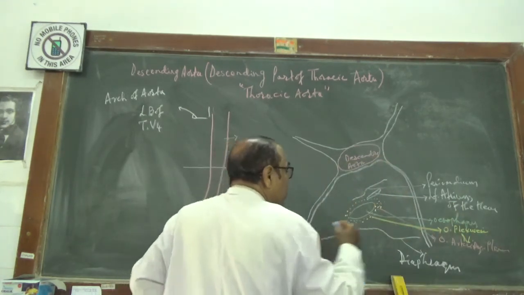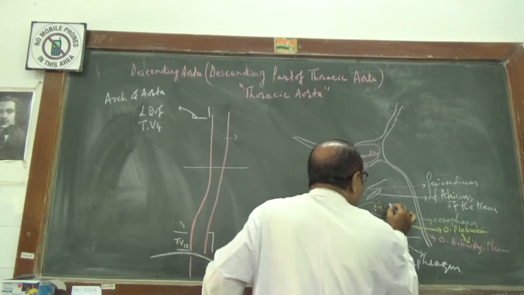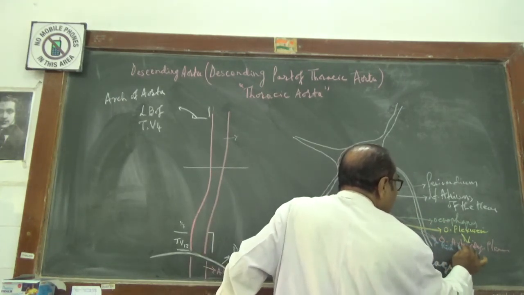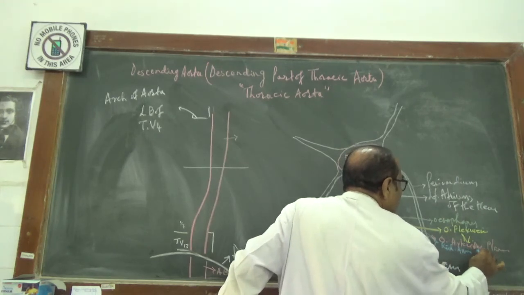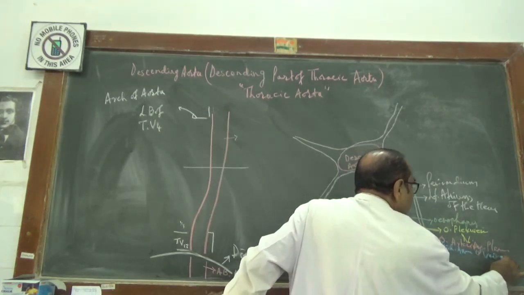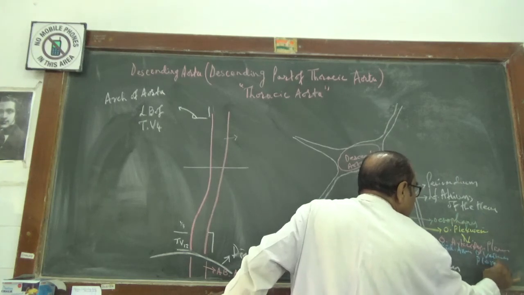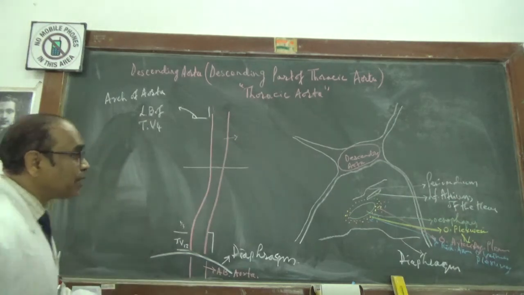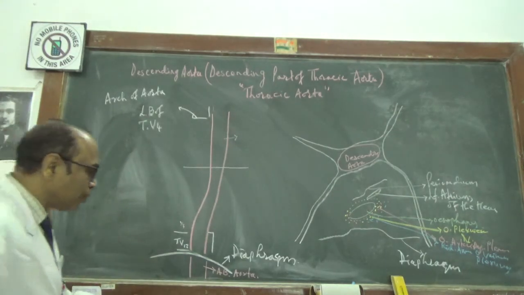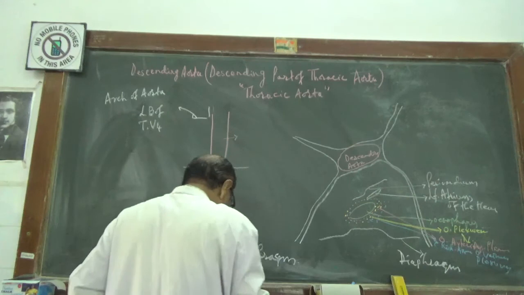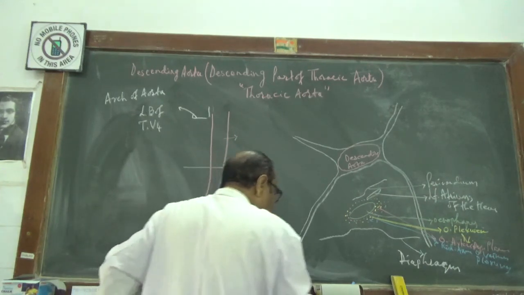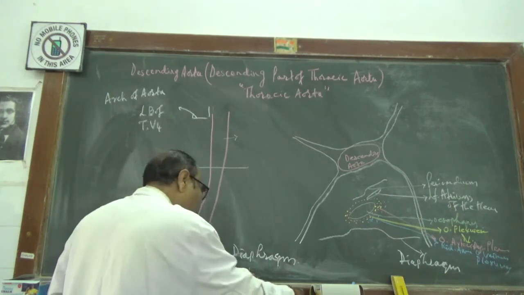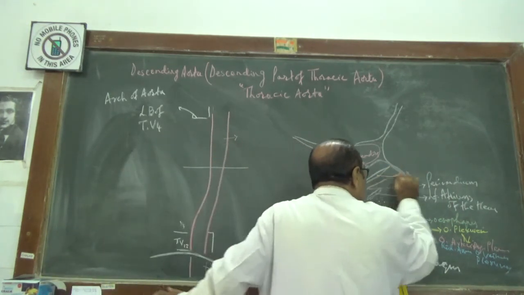Then you will have the veins, the esophageal venous plexuses. These esophageal venous plexuses are there throughout the entire course of the esophagus, right from above down up till the ending into the abdomen, into the stomach.